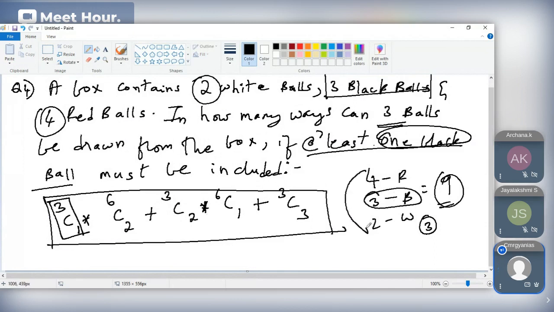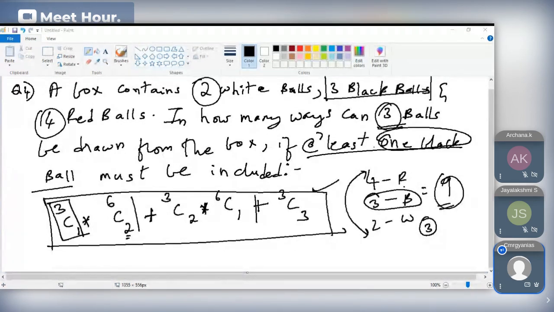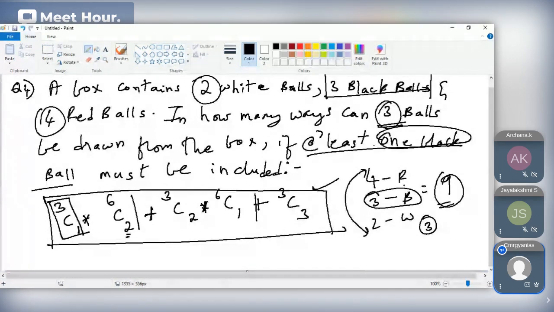Remaining is how many? Six. Two white and four red. In the remaining six, I have to select only two because totally I have to select only three balls. So this is one condition. One more condition is this, and this is the last condition. Understood or no? If you have not understood, I will tell once again. This is how questions will come.